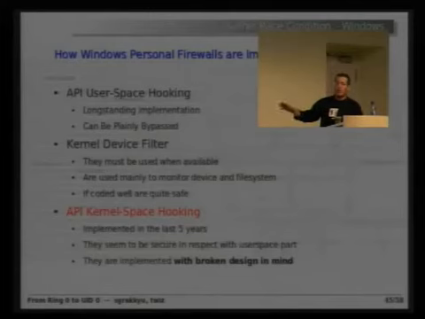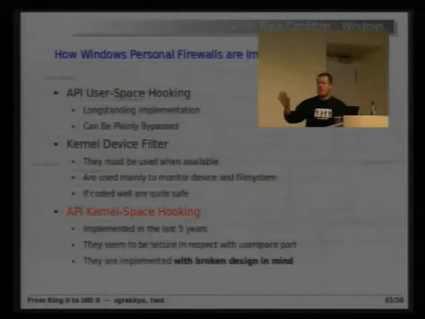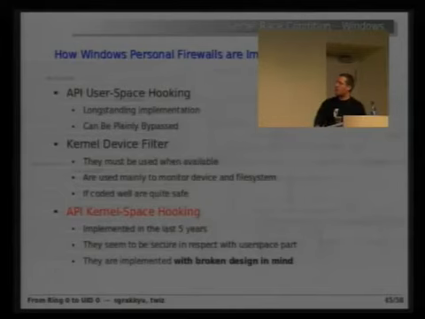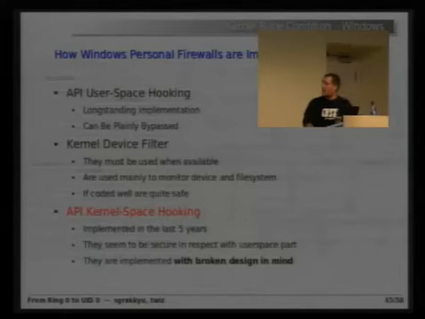There is some work on this topic in some Unix frameworks, IDS, and OpenBSD, and I want to analyze this because in Windows there is no such in-depth research, and it seems that those products will continue to use kernel space API hooking, at least on Windows XP, for a long time.